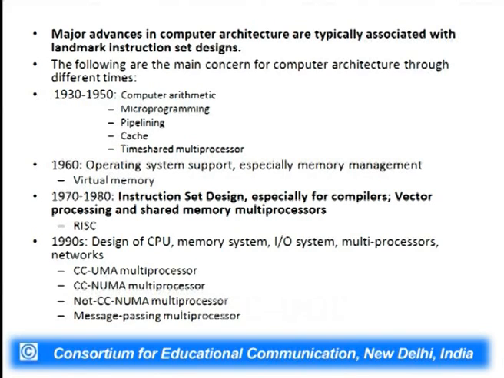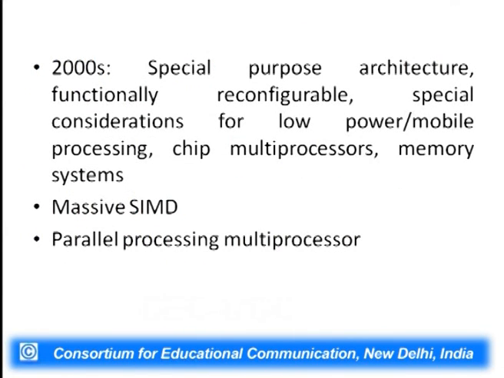The 1990s marked the design of the CPU, the memory system, the I/O system, and multiprocessors and networks came into existence. The 2000s were characterized by special purpose architectures, functionally reconfigurable. Special consideration was given to low power mobile processing, chip multiprocessors and memory systems.